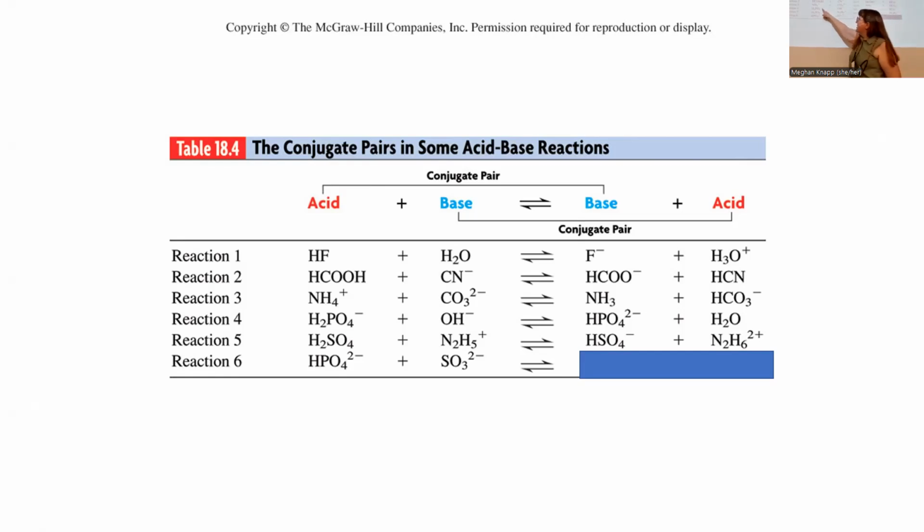So that's this one's conjugate base right here. So now it's over here. It's an acid, and we're mixing it with the sulfite ion. So think about what you think those conjugates are going to look like. You can imagine on your final exam having questions like this. What are the conjugates of each of these?